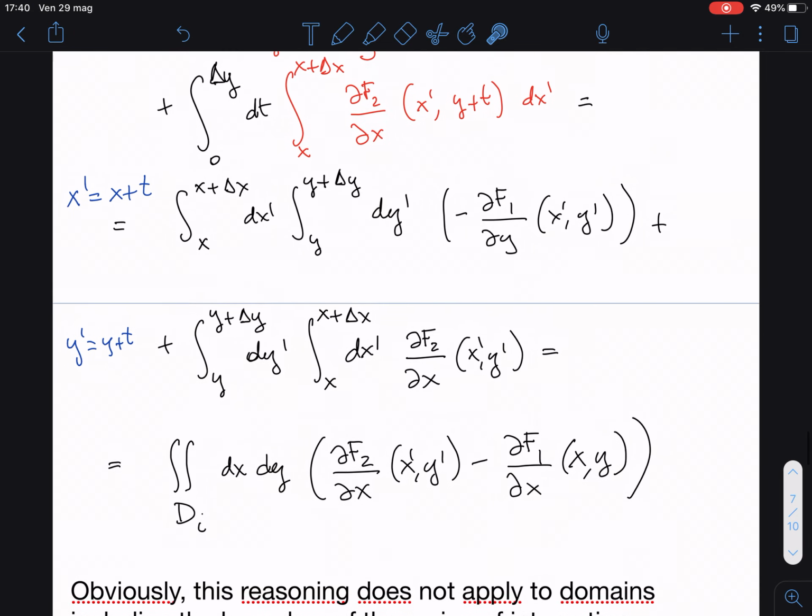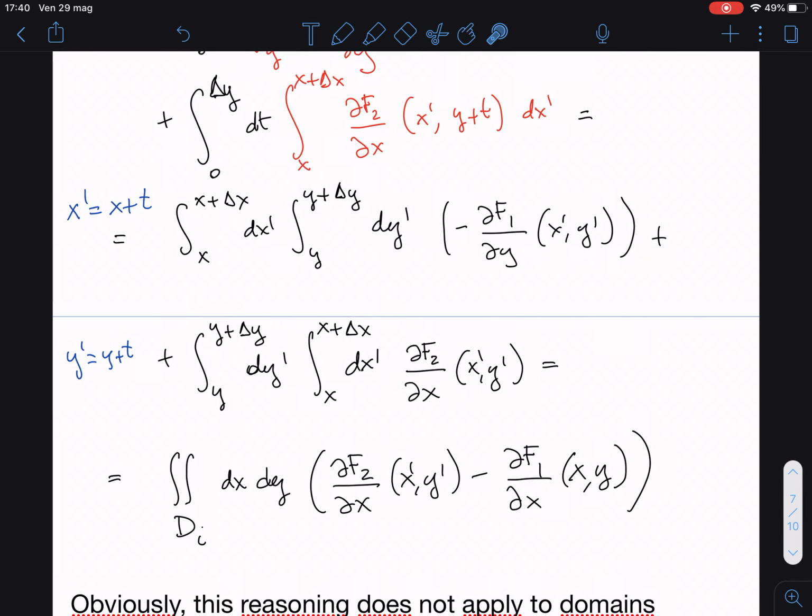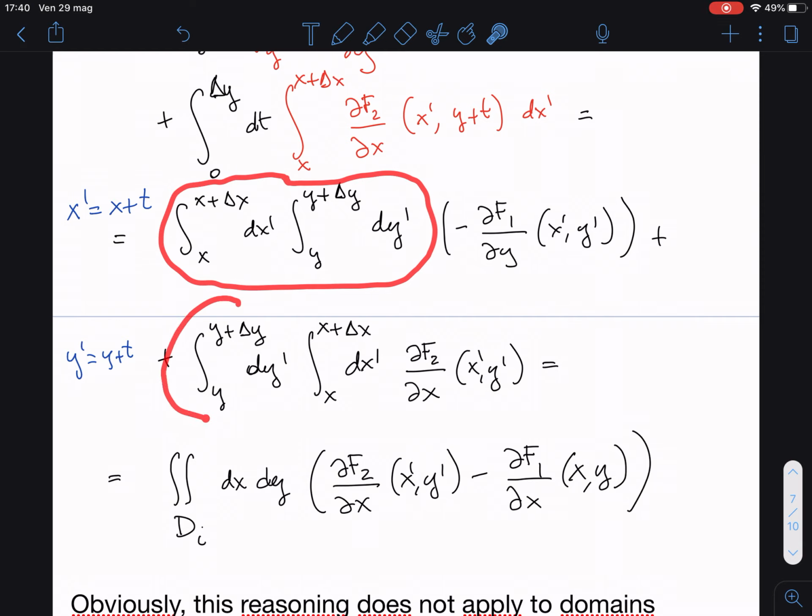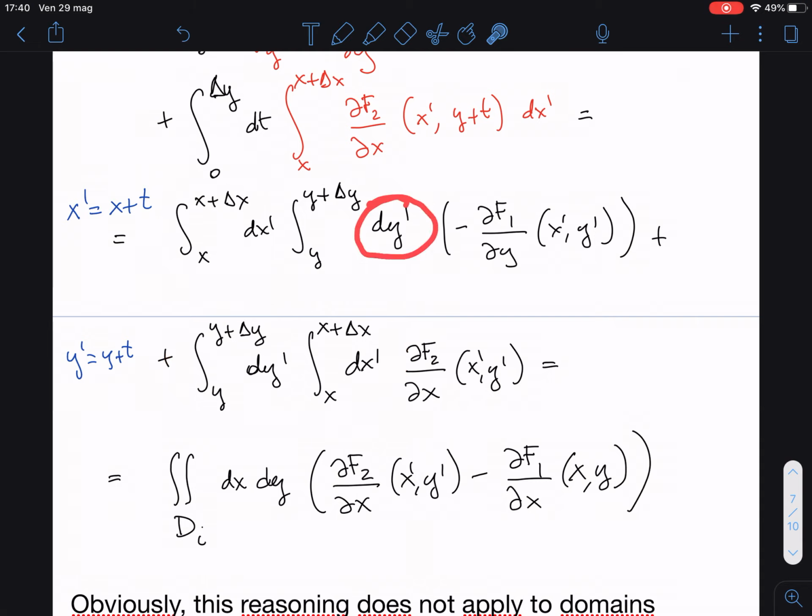And now the last observation is the following, that here we are integrating on the same region. Okay, the order is different, but you know by Fubini theorem that the order doesn't count. Here we are on rectangles moreover, so in the internal integral there is no mention of the external variable, so you can exchange the order as you want.